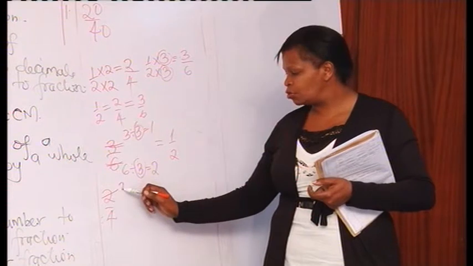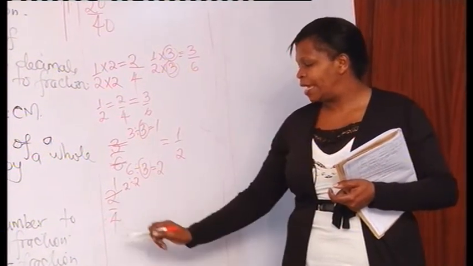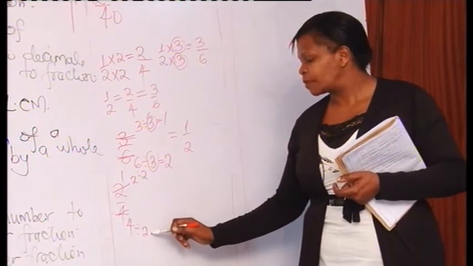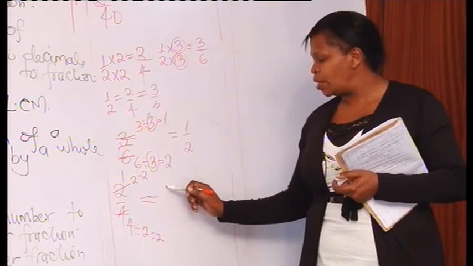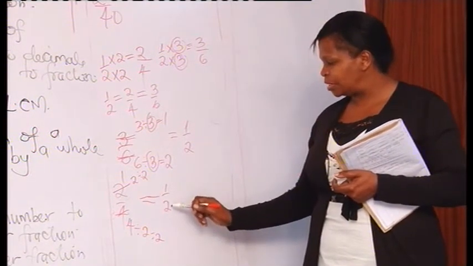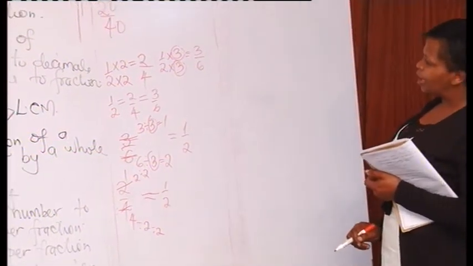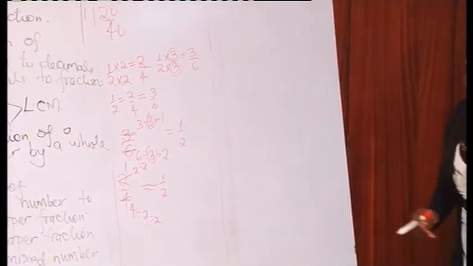If I take 2 divided by 2, I'll get 1. And 4 divided by 2, I'll get 2. Meaning my answer will be 1 over 2, which is the one I started with. So in short, we are using the common factors to simplify the given numbers.